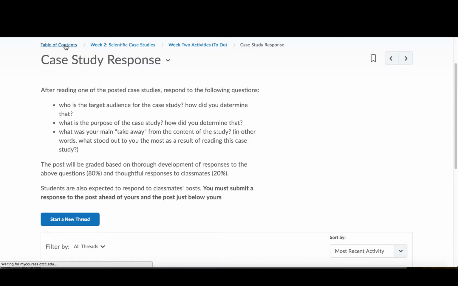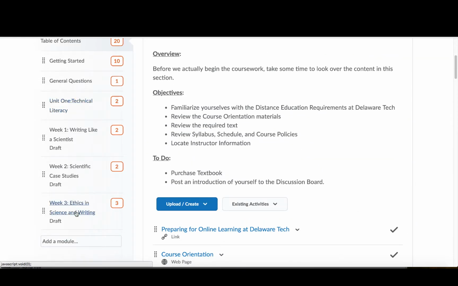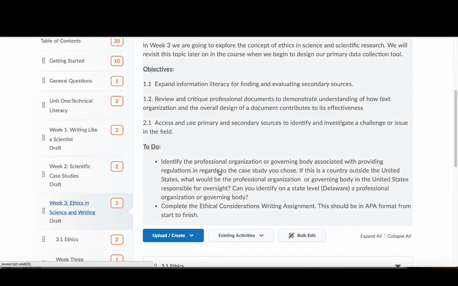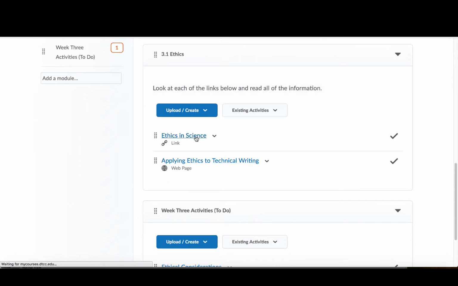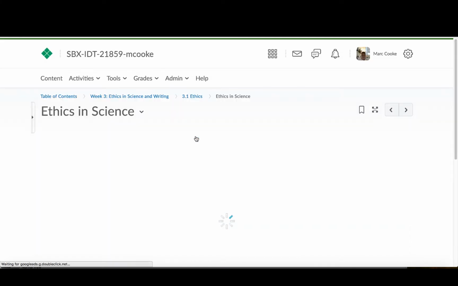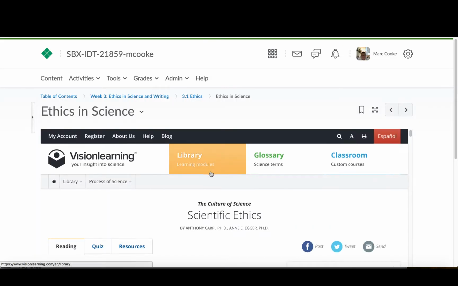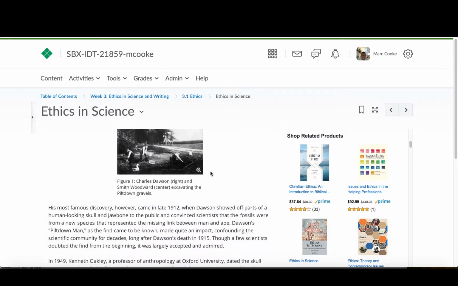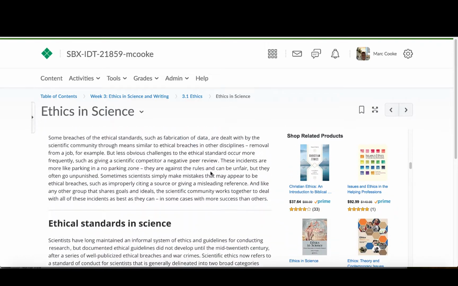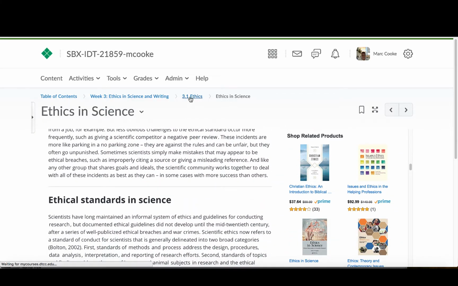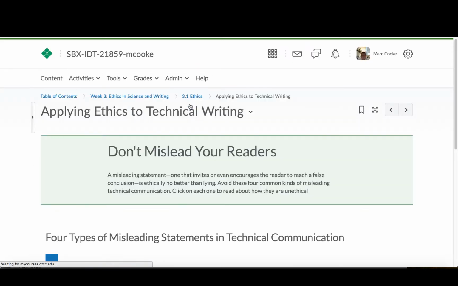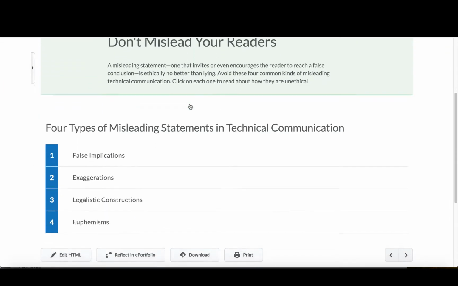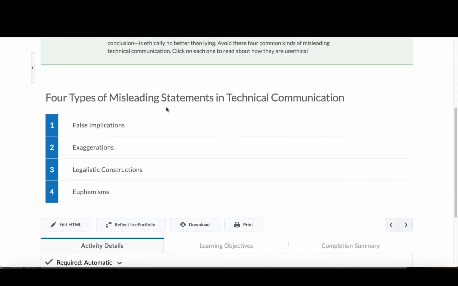And then we'll go back to Unit 3, which is called Ethics in Science and Writing. Organization is the same way. And there are actually 2 pieces and 2 texts for students to look at. One is this website for the ethics in science, and the other is specific to technical writing, and it's just something quite simple.